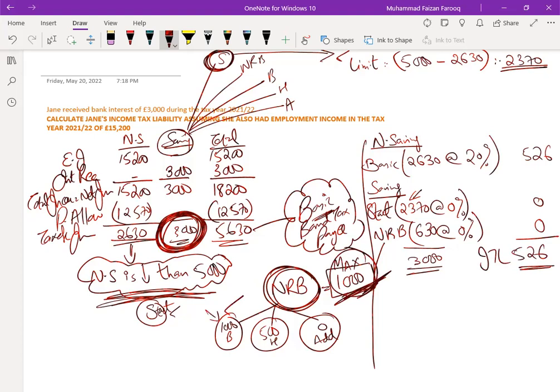But this guy is only left with 630 because 2,370 fall in the start band. So 630 is under 1,000, and we applied 0% because in the start band and in the nil rate band the tax percentage is 0, no tax. So the income tax liability for this particular question is 526. Any questions?